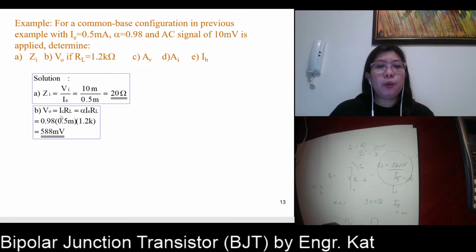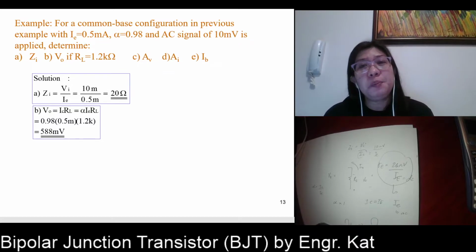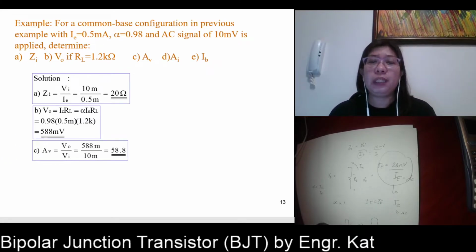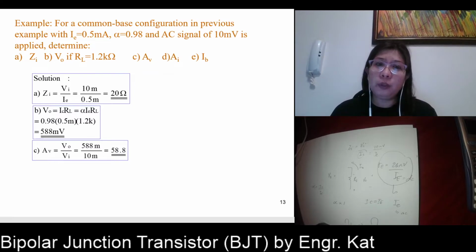So VO is equivalent to IC times RL. But what is IC? IC is alpha times IE, multiplied by RL. Alpha is 0.98, IE is 0.5, and given your load resistance of 1.2 kilo ohms, your V out is 588 millivolts. In this case, you are given an input voltage and an output voltage, so we can solve for your voltage gain. Your voltage gain is your output voltage, 588 millivolts, divided by your input voltage, 10 millivolts.